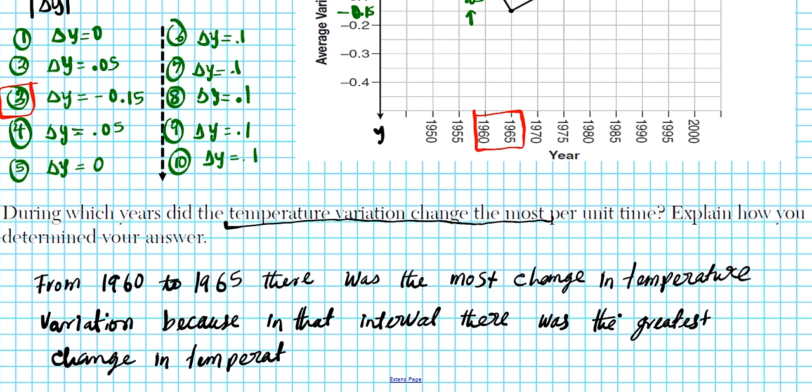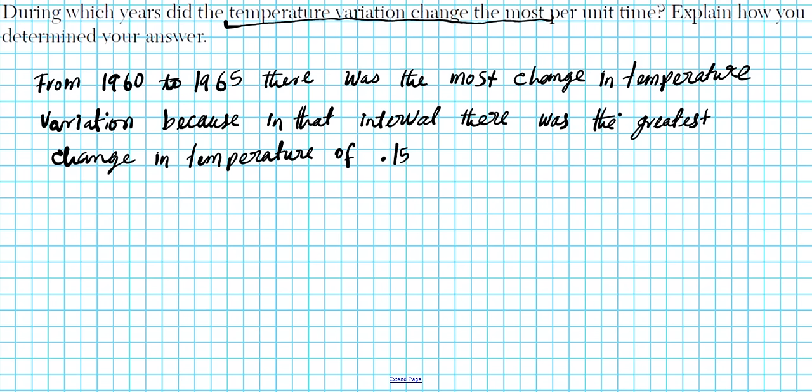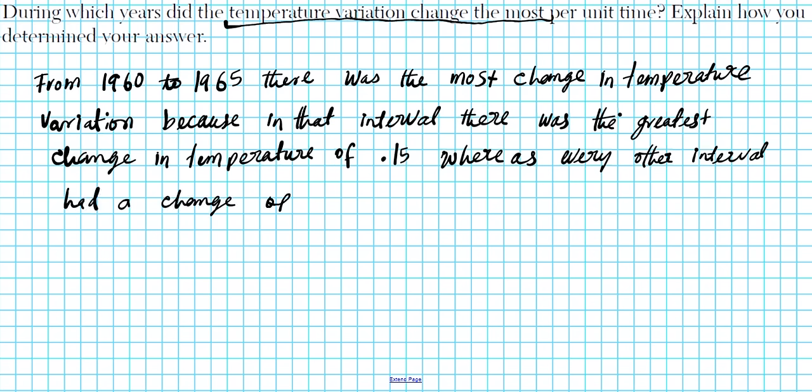The greatest change in temperature. There was the greatest change in temperature of 0.15, okay? Whereas every other interval had what? Whereas every other interval had a change of 0.1, 0.05, or 0.